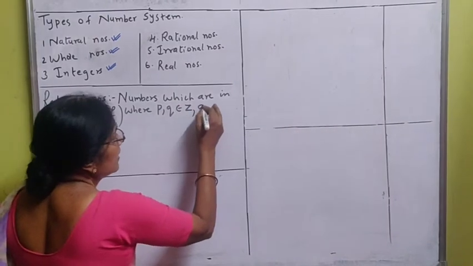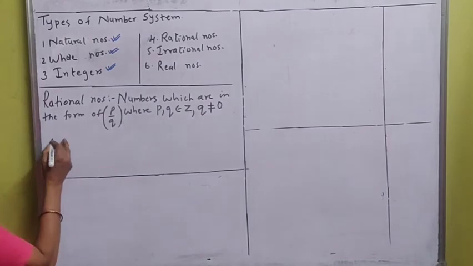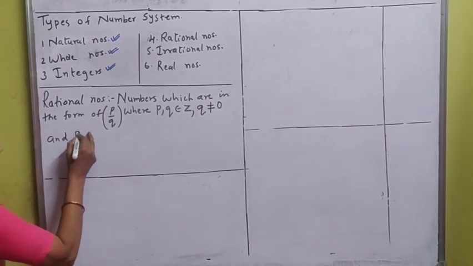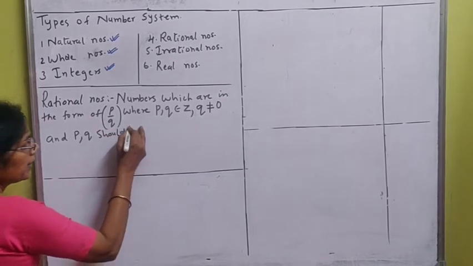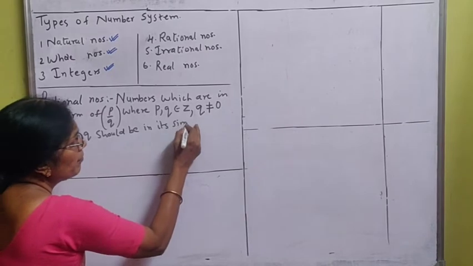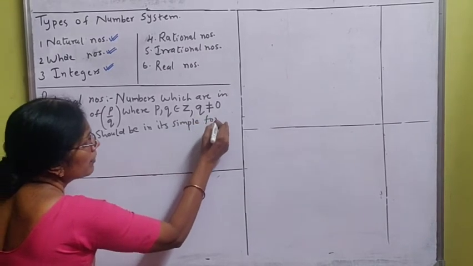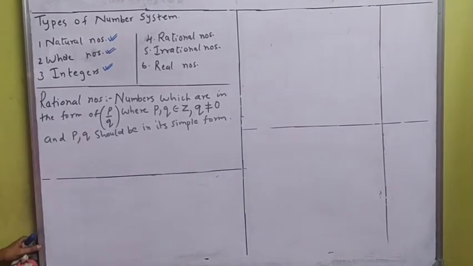That is the first condition. Second condition, q should not be equal to 0. And third condition, p by q should be in its simple form. Such numbers are called rational numbers.